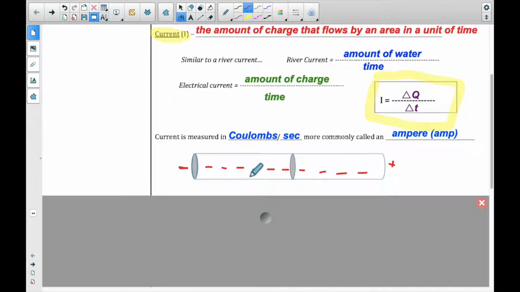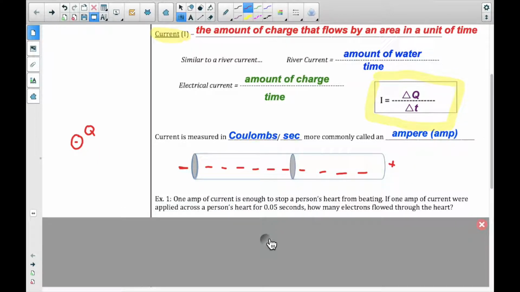And as they are flowing, that is the current. And so coulombs per second, remember each of these charges, like back to electrostatics again, we would have one little charge and it has 1 coulomb. That's how much charge it has. Each one is a charge flowing through, and how many are going per second, that is coulombs per second. That's called an amp.